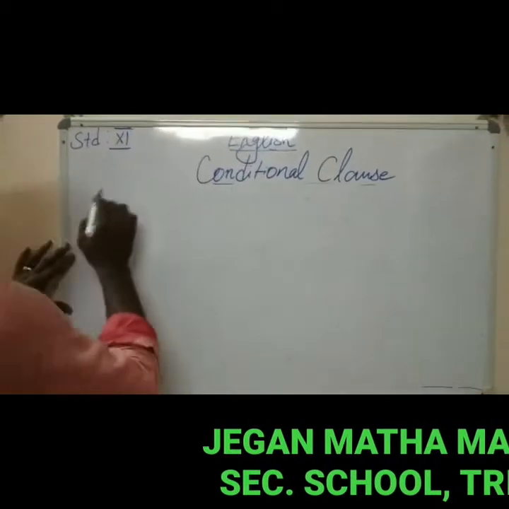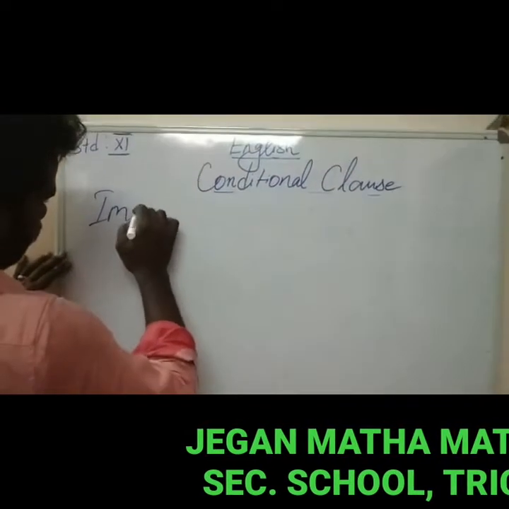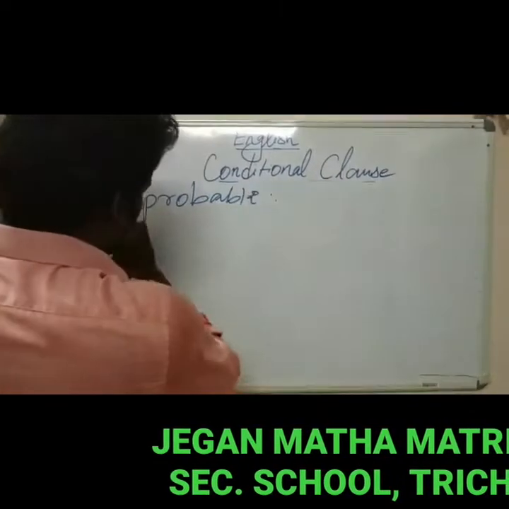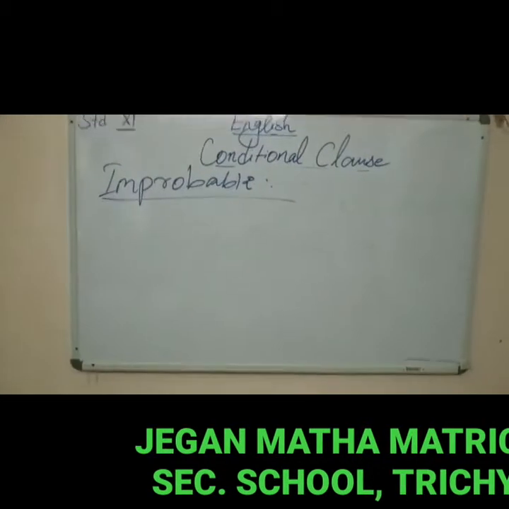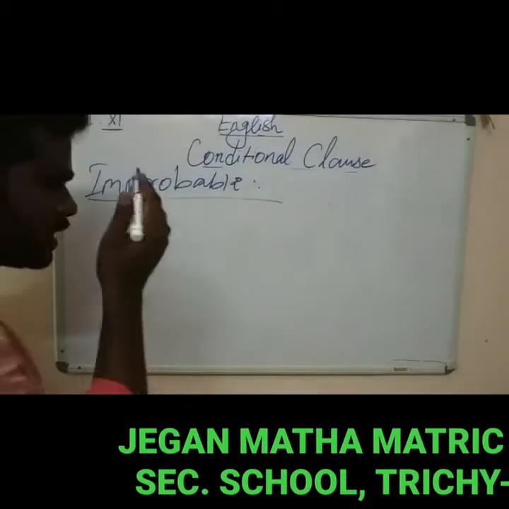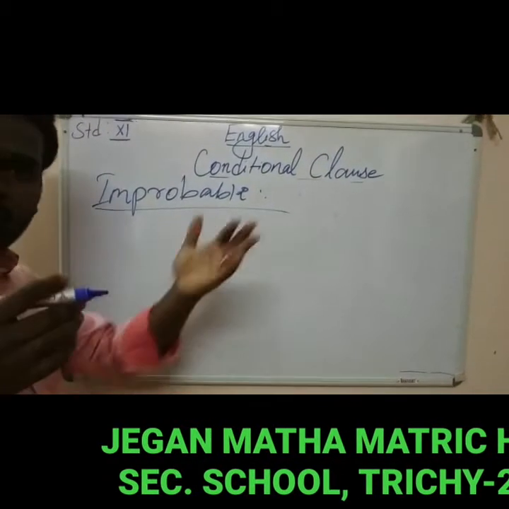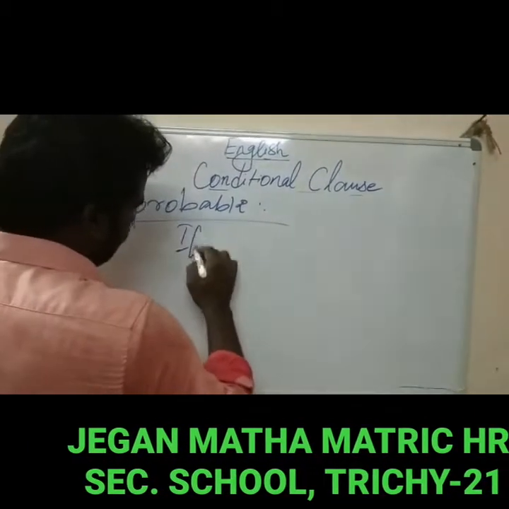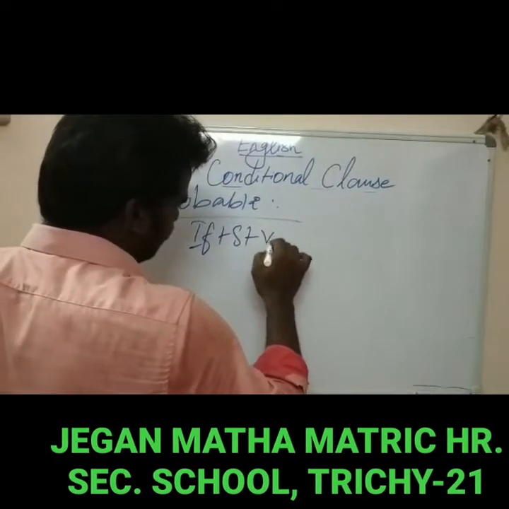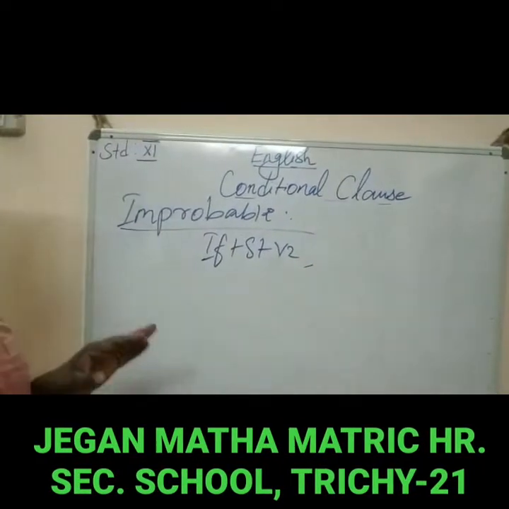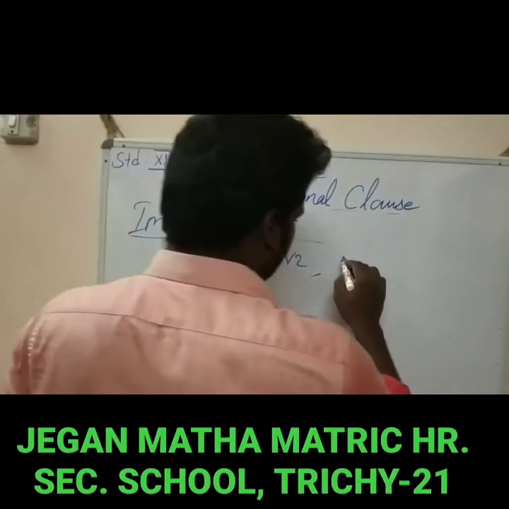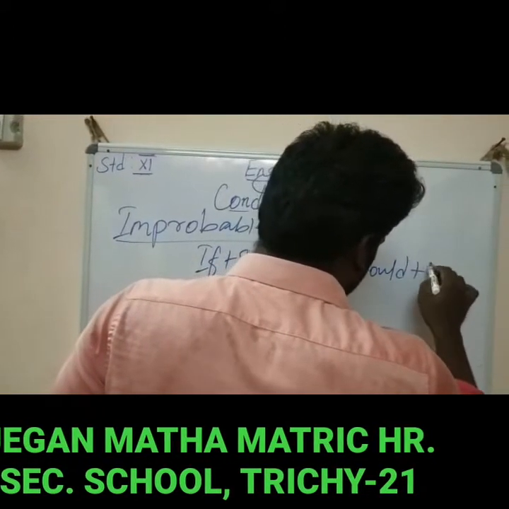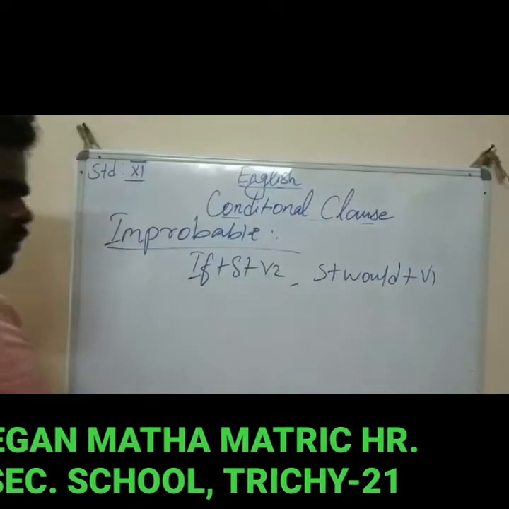Improbable condition. For example, if you studied well, you would score more marks. Here, if plus subject plus V2 is the condition part. The result part is subject plus would plus V1.